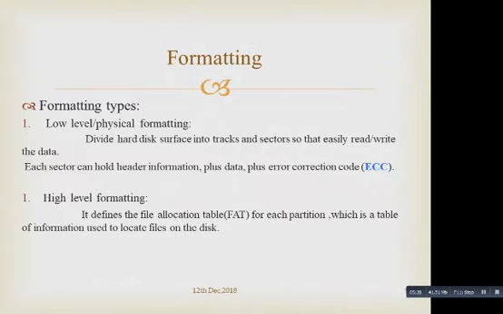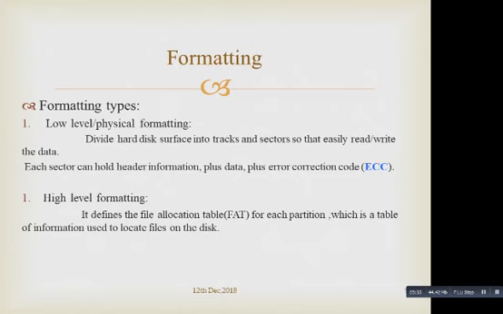Now we have formatting. What does format mean? Format means we erase all the data of our disk. The formatting types are low level formatting and high level formatting. In low level formatting, we divide our hard disk into different tracks and sectors so that we can easily read or write data.